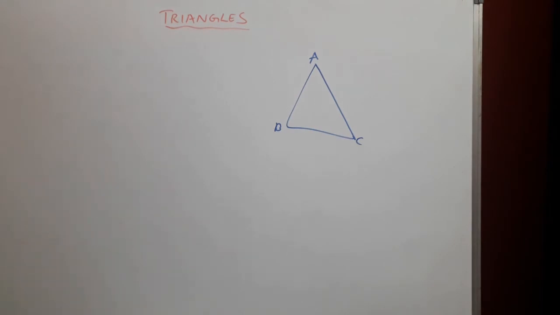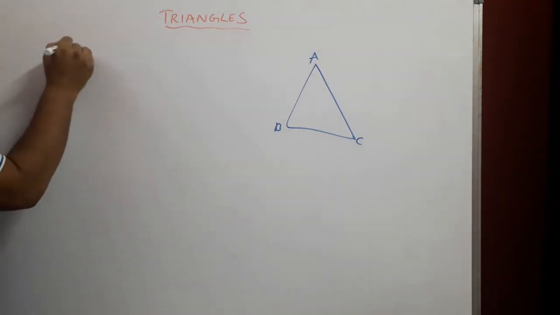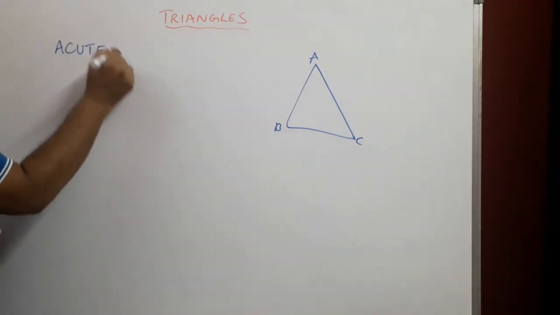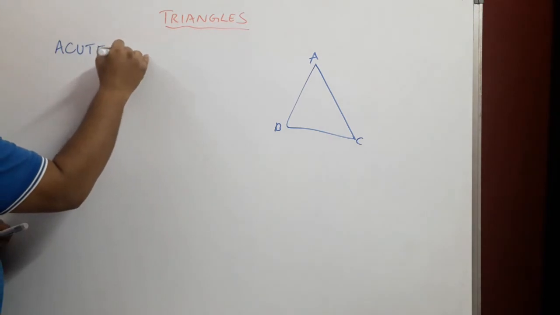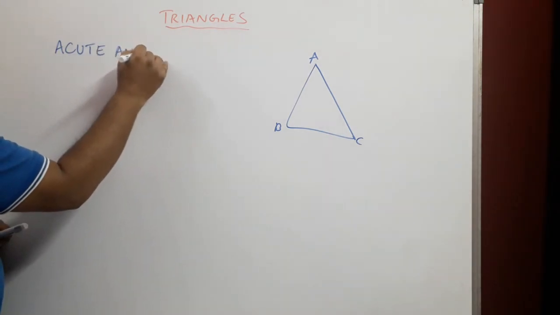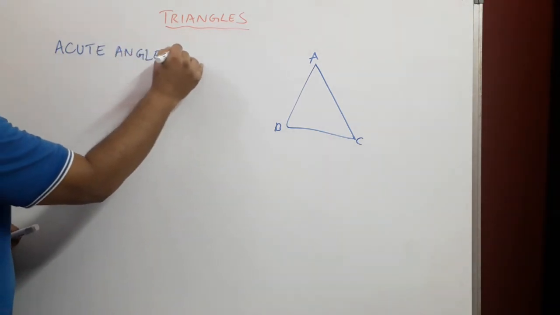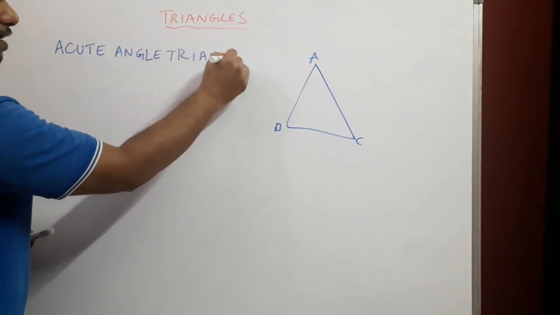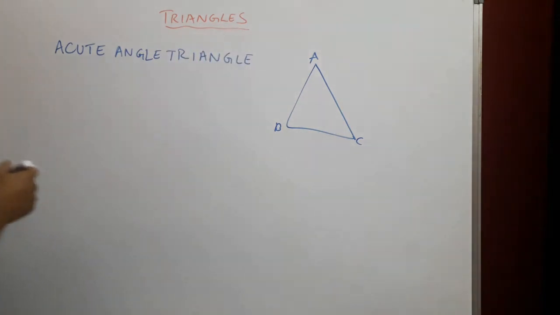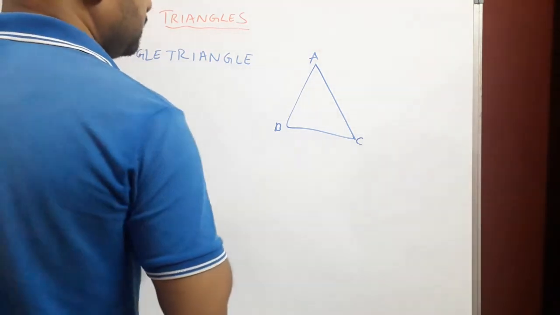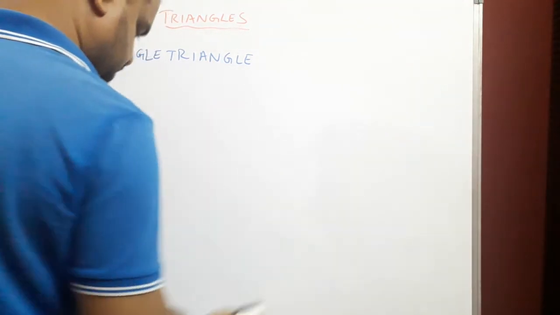Next, based exclusively on the angles, how do we classify triangles? First one we have is an acute angle triangle. For an acute angle triangle, let's draw another figure. It will look more like an acute angle triangle.